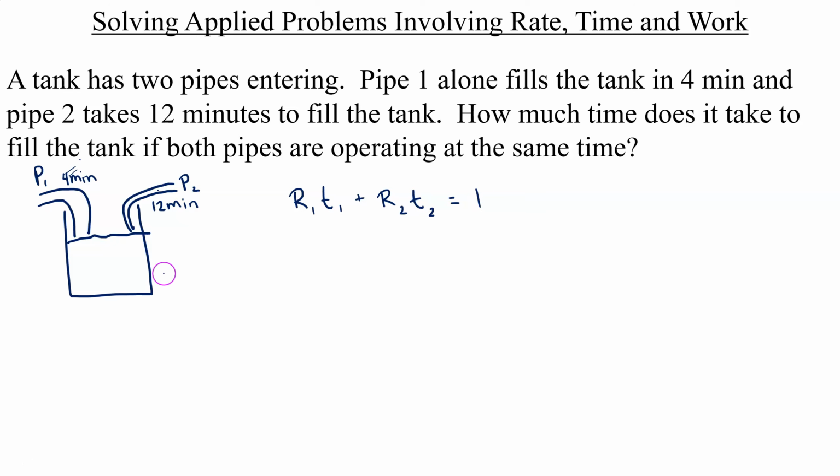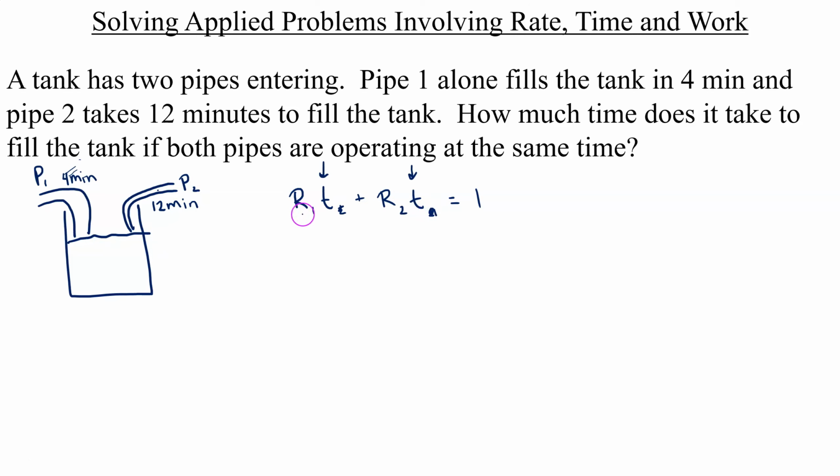And in this case, it's 1 tank that's full. Another thing that we know is this time and this time, whatever they are, they're going to be the same, because once the tank is full, both pipes have finished the job. So really, we don't need the sub 1 and sub 2.